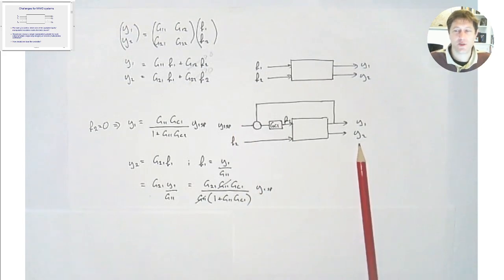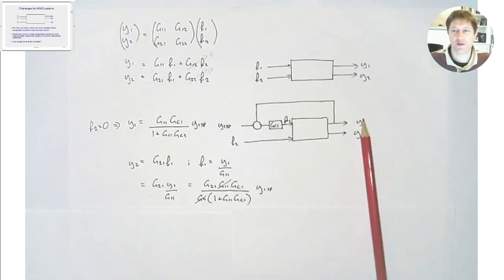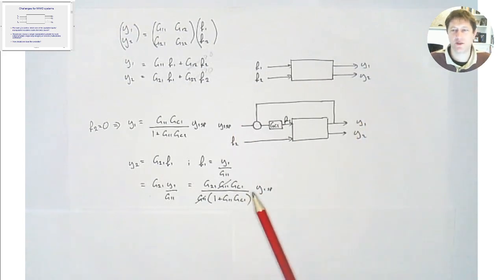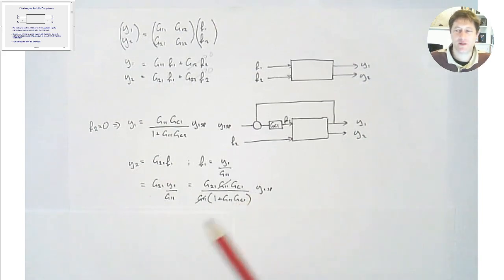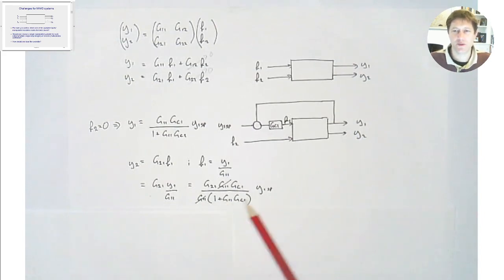And that's something we don't want. We're just trying to focus on getting this to do what we want it to do. But in the process of doing that, we've inadvertently altered the rest of the system as well. So we need to be aware of that. We need to be aware that if we're adding a control loop, then that's not just going to affect the input and output you're focusing on, it's going to affect all of the other outputs as well.